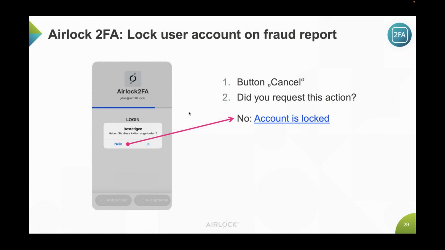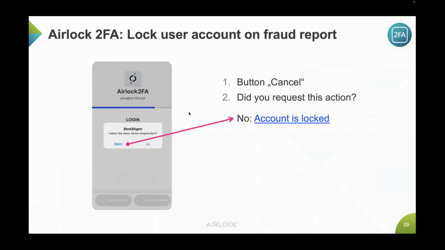The reasoning behind this is fairly simple. If a user first declines to authenticate or approve a transaction and then says, hey, I actually didn't start this, then it's very likely that somebody else is trying to access his Airlock 2FA app and take over his account. And we really don't want that, so account locking is a reasonable reaction to this.